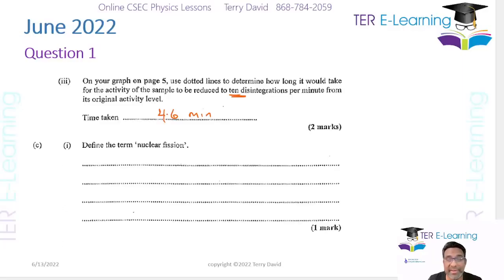So that was a very, very easy graphical question. Next part, define the term nuclear fission. If you all listened to me the night before, I told you all what fission was.